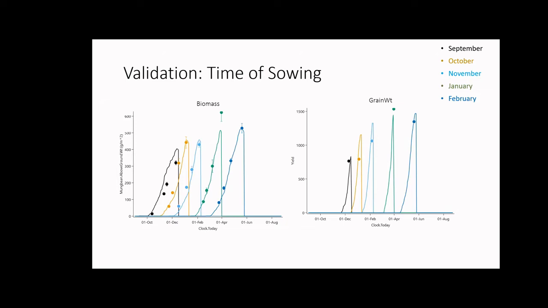What we were able to achieve, especially with that pre-emergence thermal time accumulation, was the delayed accumulation of biomass at the earlier dates and still a quicker emergence at the later dates. But you'll see that with the biomass, we weren't quite able to get the harvest index exactly right for all of the different sowing times.